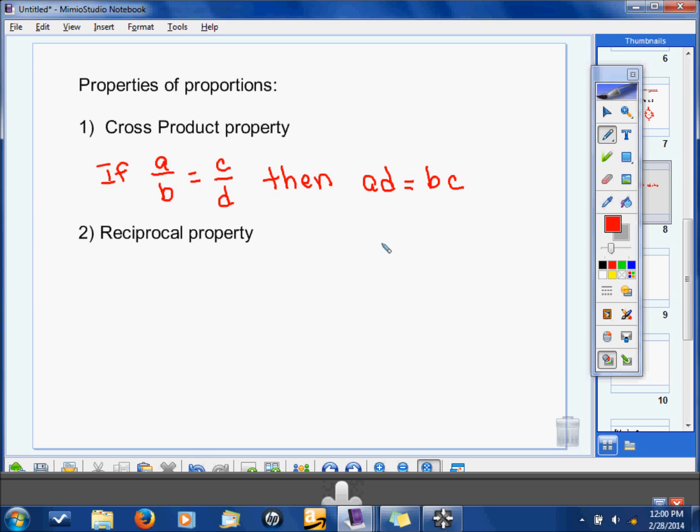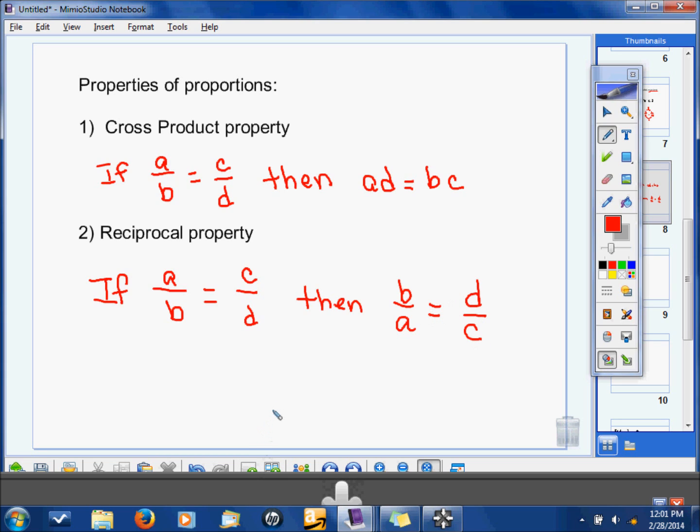Cross product property. We use that to solve a lot of the problems where we have fractions being equal to each other. The reciprocal property says if A over B equals C over D, then the reciprocals are equal: B over A is equal to D over C. Flip. Yep, that's it.